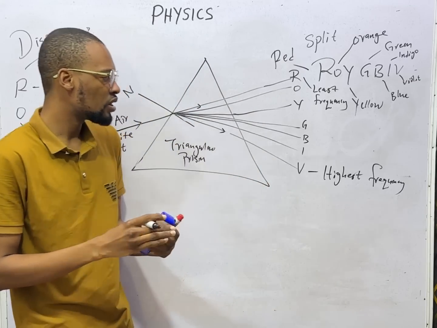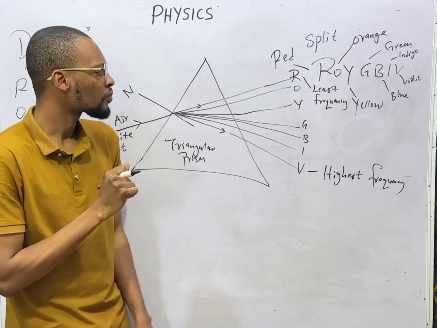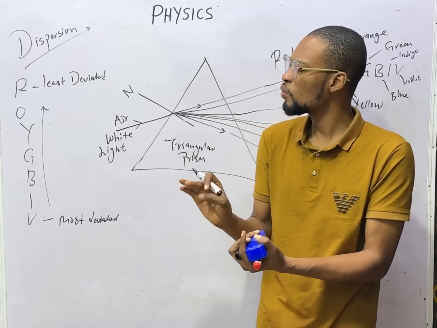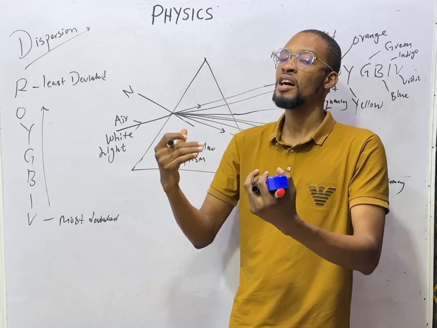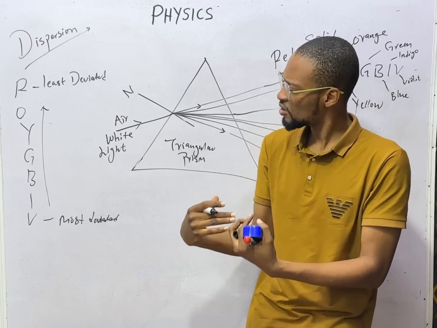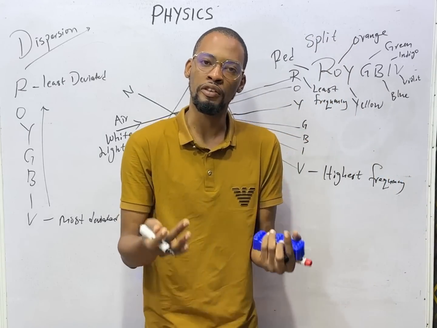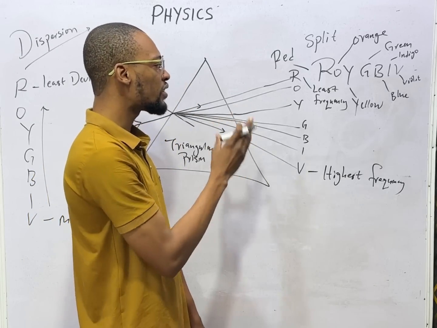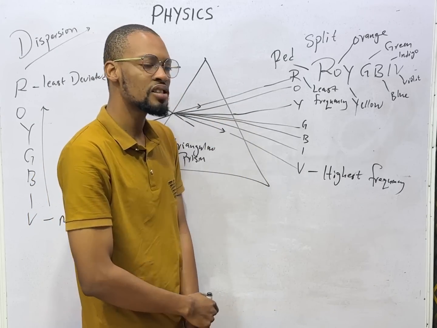Under waves, we established that frequency is inversely proportional to wavelength, which means whatever has high frequency will have low wavelength. Whatever has low frequency will have a larger wavelength. Therefore, out of all these colors, red has the largest wavelength.